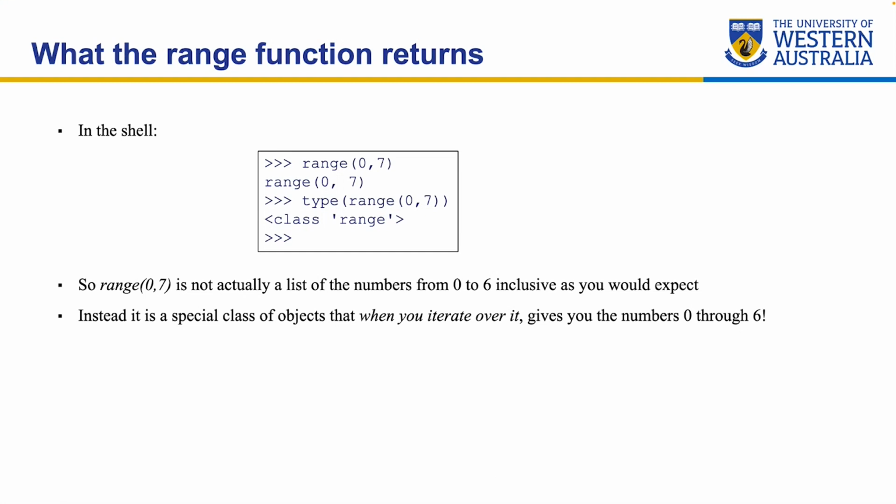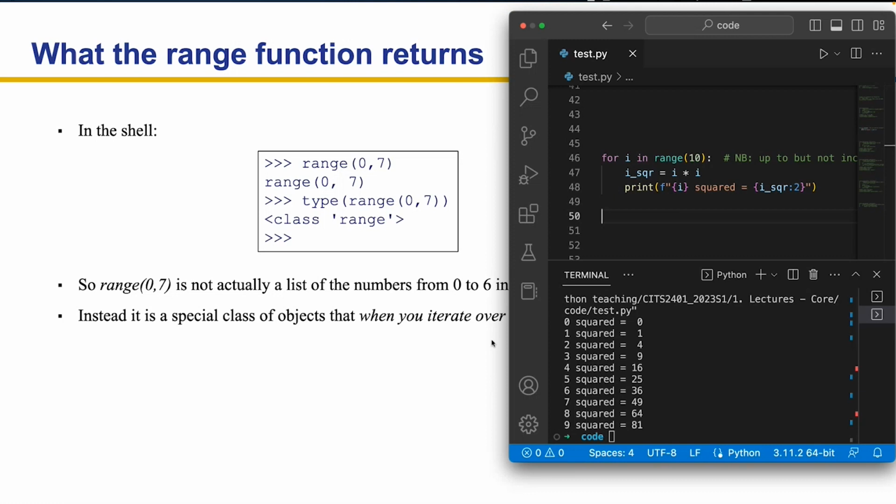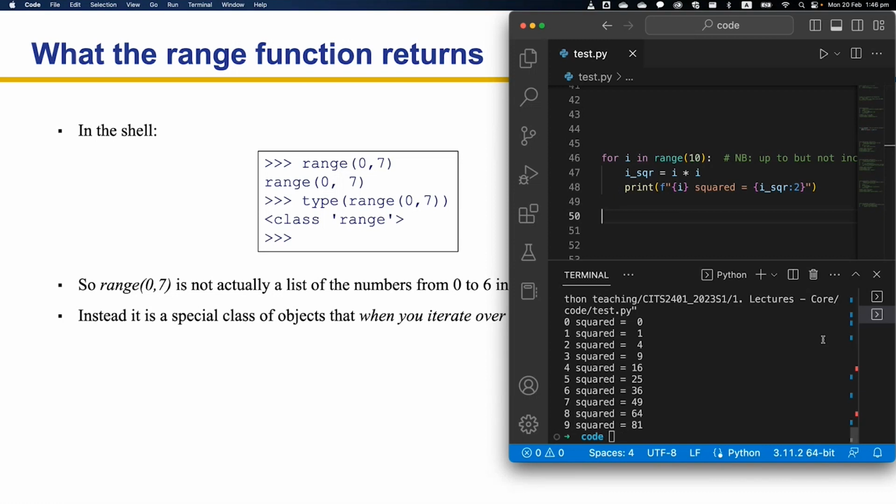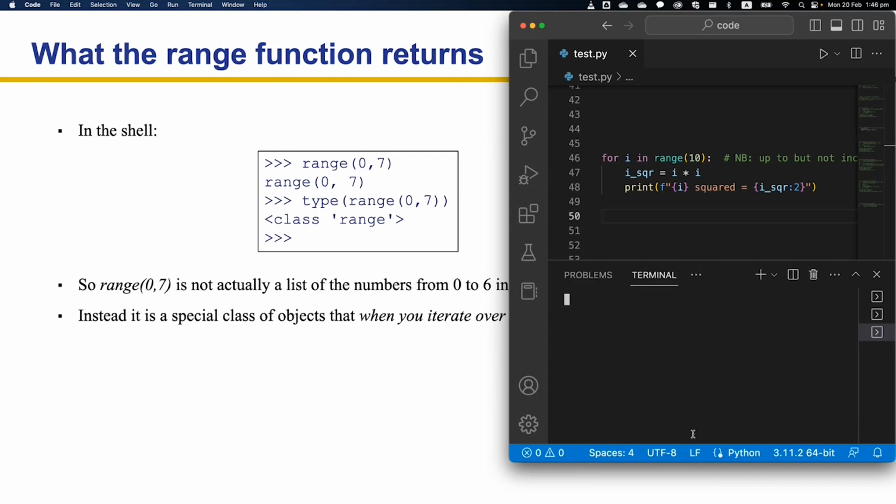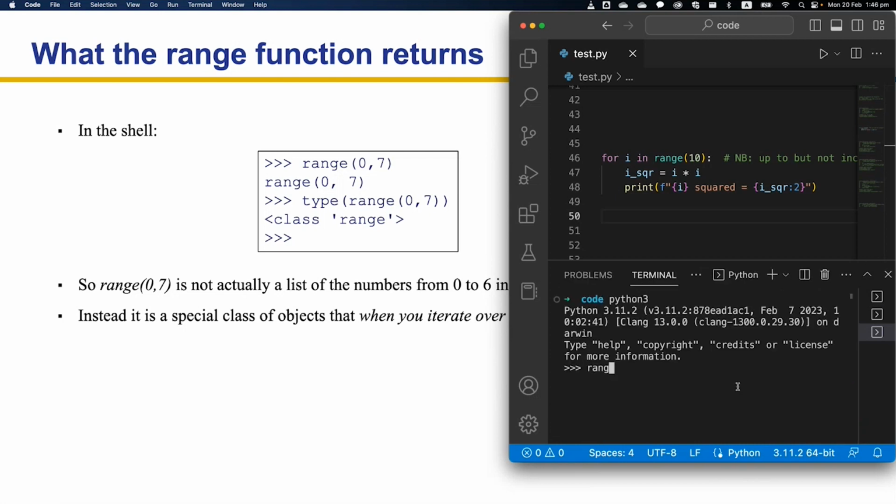So what does the range function actually return? In the shell, let's type that in. Do I have a Python shell? Let's create a Python shell. range(0, 7). It just says this is range(0, 7). So let's try to see the type. type(range(0, 7)).